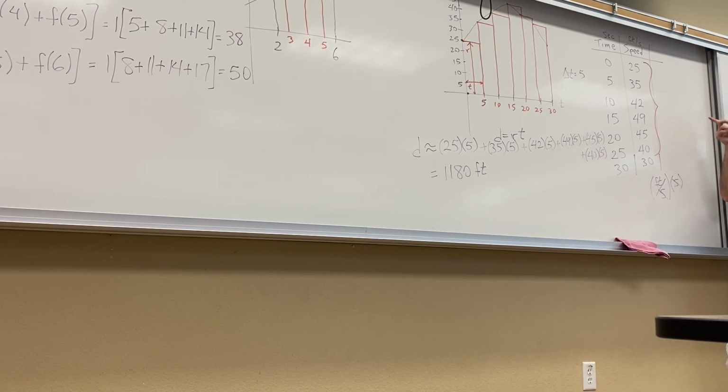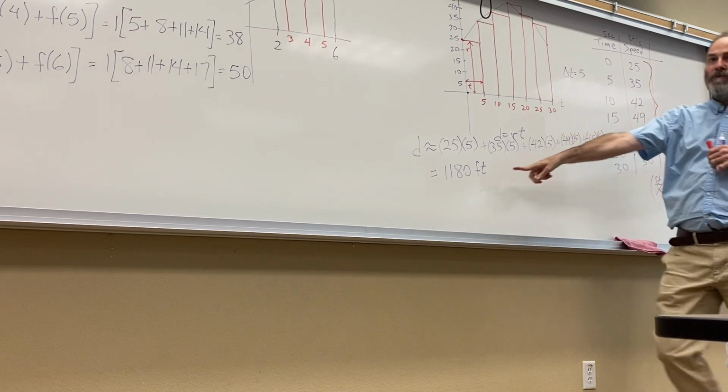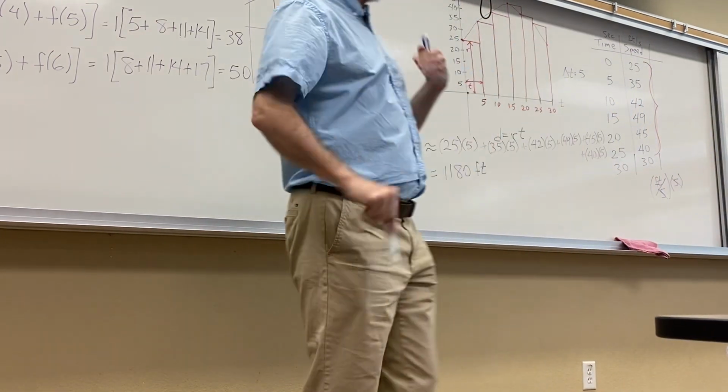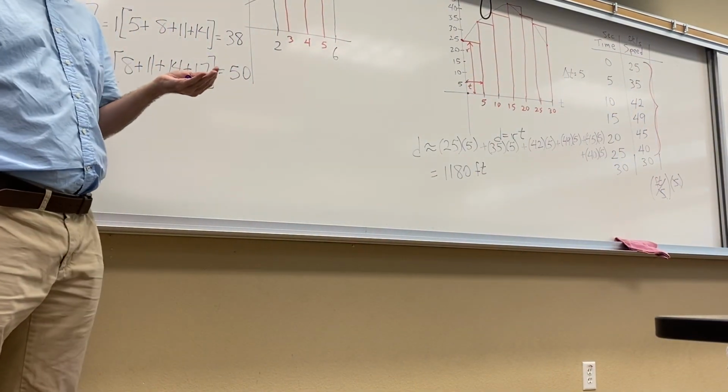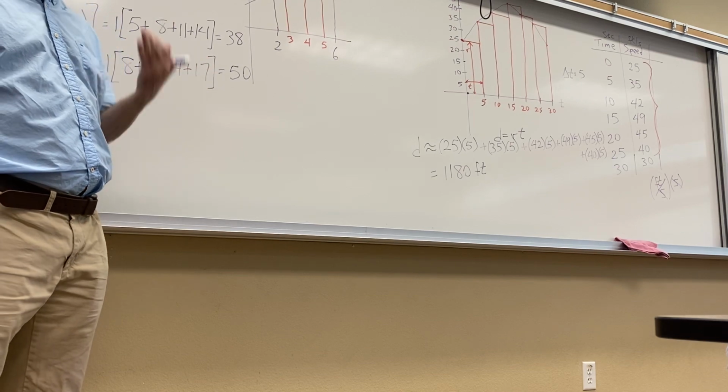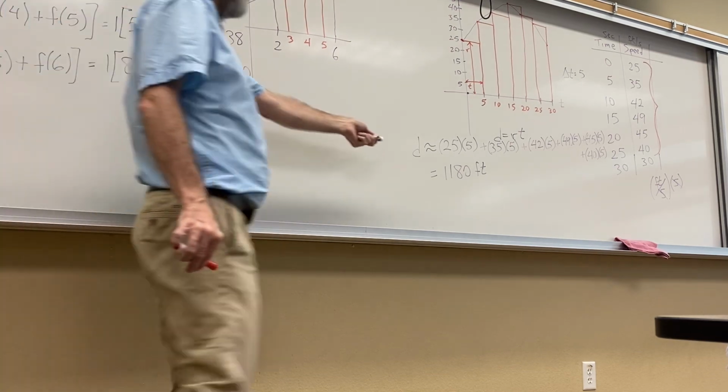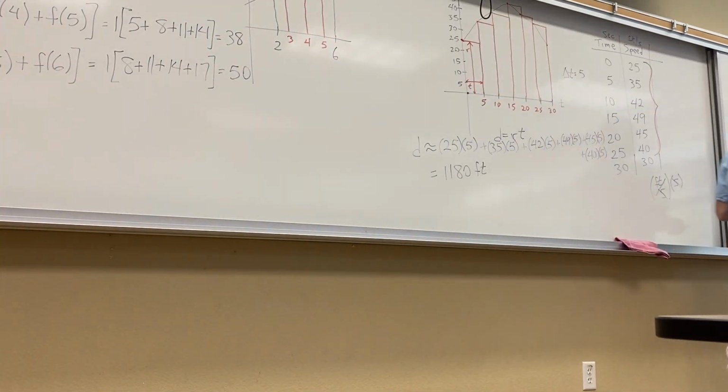Okay, so here, let's look at what happened. We were given velocity, right? We found distance traveled, which is essentially just where are we? If we start here and we travel 1,180 feet, it's gonna tell me where I am at the end, right?